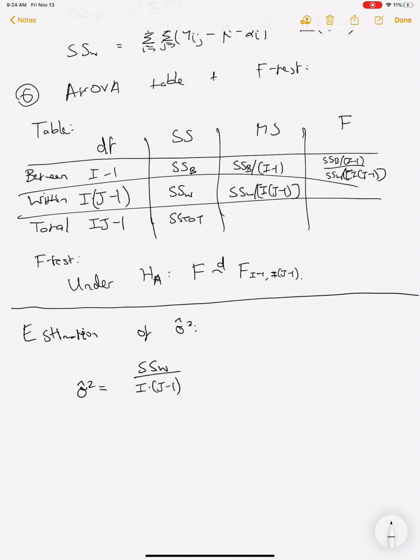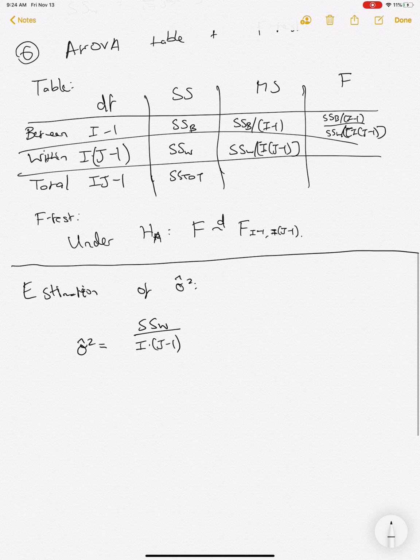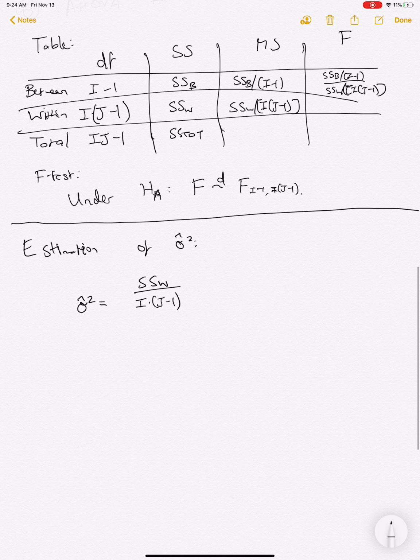It's analogous to the two sample case that we learned about in chapter 11, basically the pooled estimate for variance.